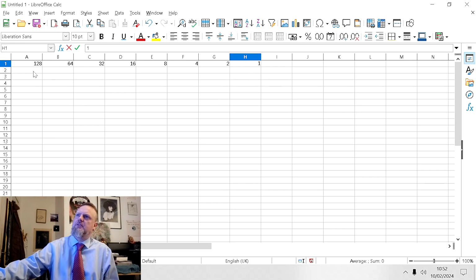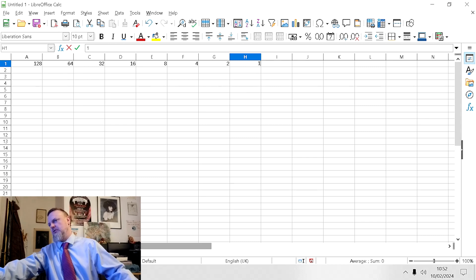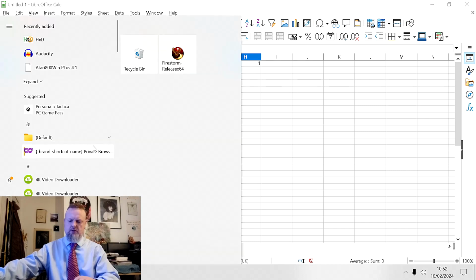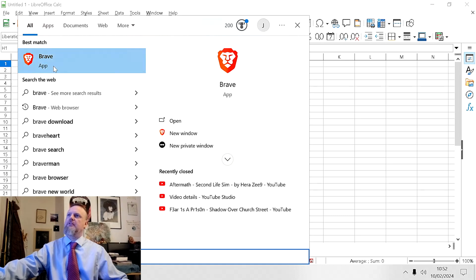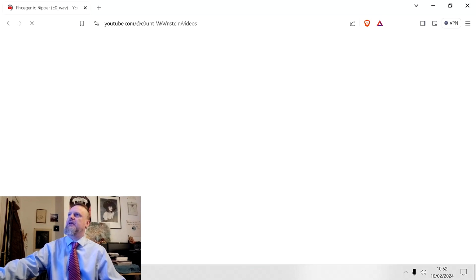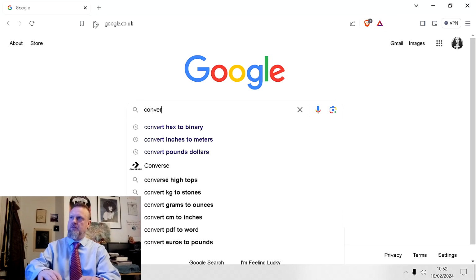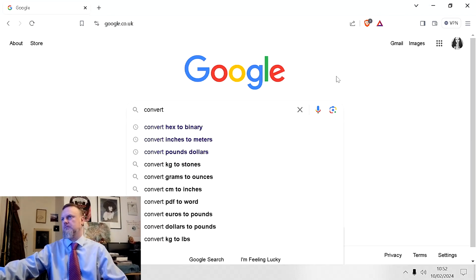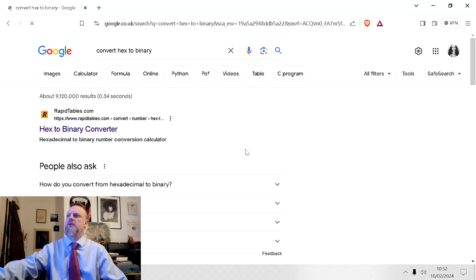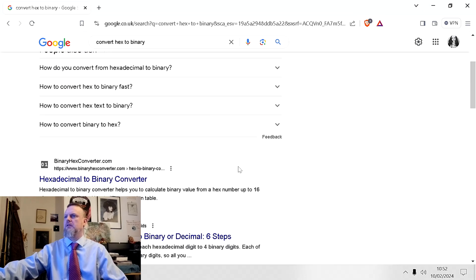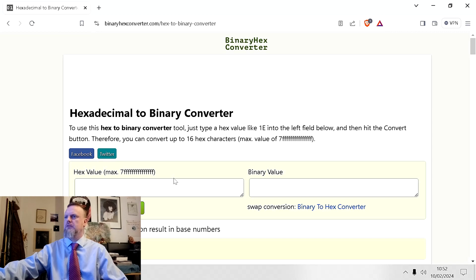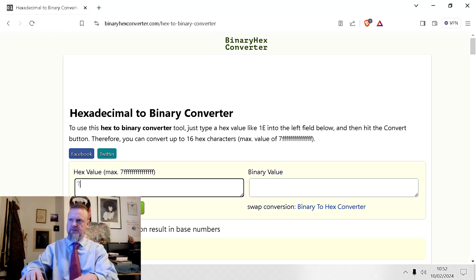So, 7F, when you convert hex to binary, there we go, that'll do it. So 7F, convert.